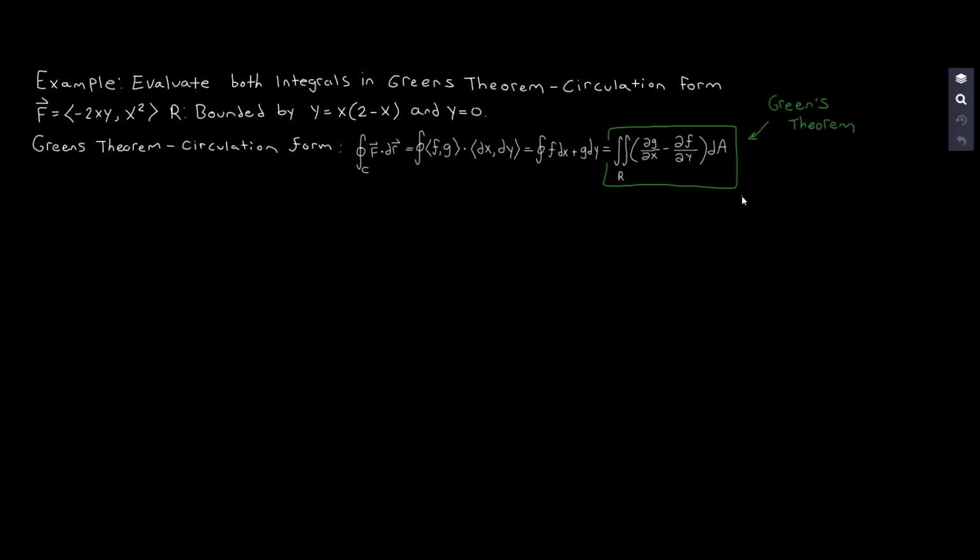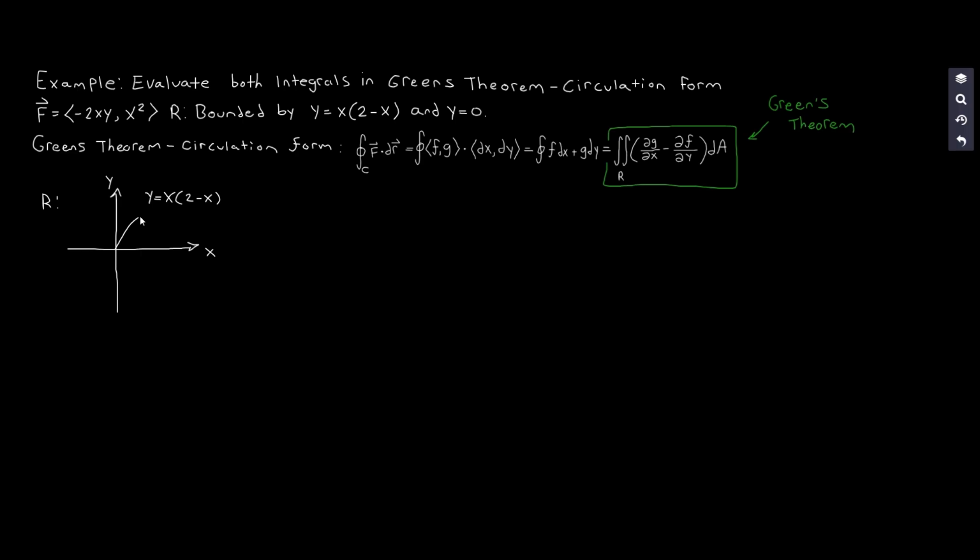So let us take a look at what's happening here. The first thing that I'm going to do is draw this out graphically. We're going to draw out our curve y equals x times 2 minus x, and that's going to be a parabola.